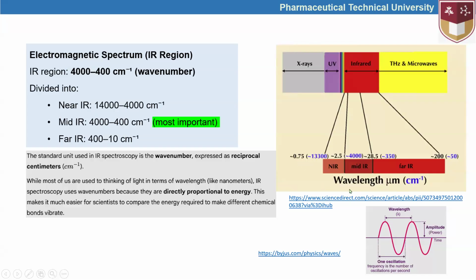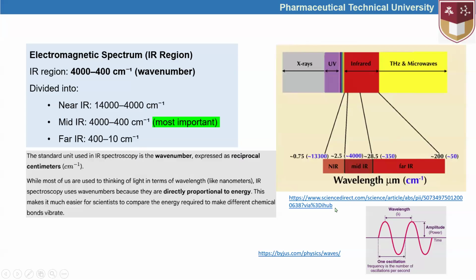But this is about the wavelength. In infrared spectroscopy, we use units from 13,300 to 50, or 10 is given here, with the unit reciprocal centimeter.